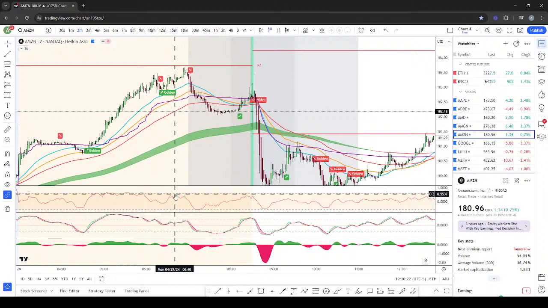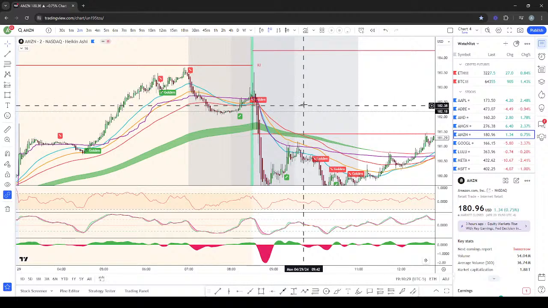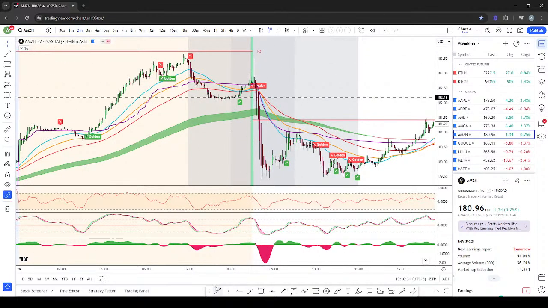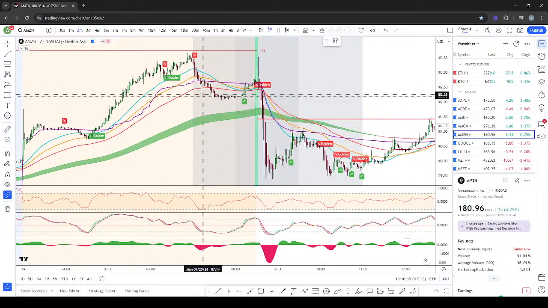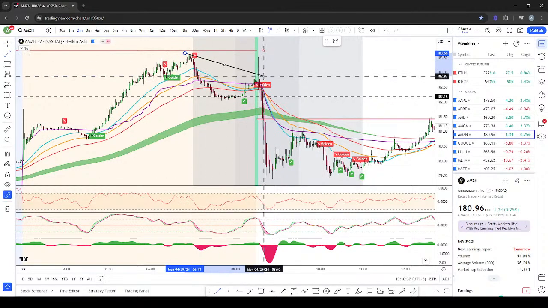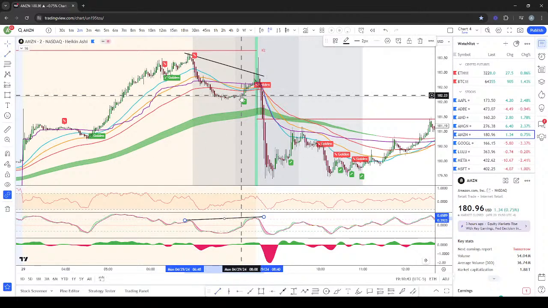So what I like to see is if I can find the opposite, and we clearly have a nice continuation bearish divergence right here, and you can see that right off of the TSI.